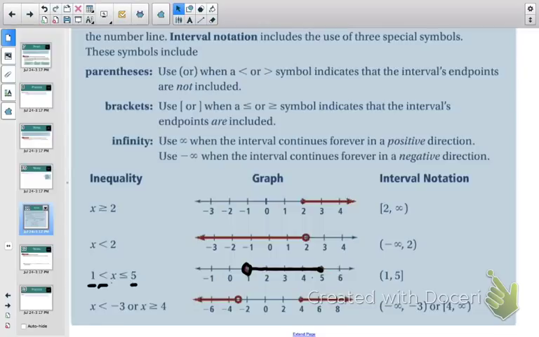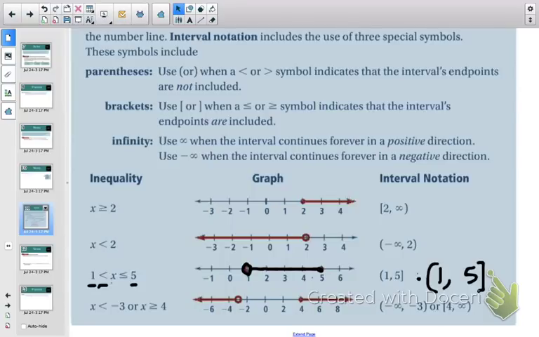To write that, we're not going to use infinity because it doesn't go forever in either direction. So we're going to start at 1, and that's going to be a parenthesis because it's an open circle. It's going to stop at 5, and that's going to be a bracket because it's a closed circle. So from 1 to 5, everything in between there.